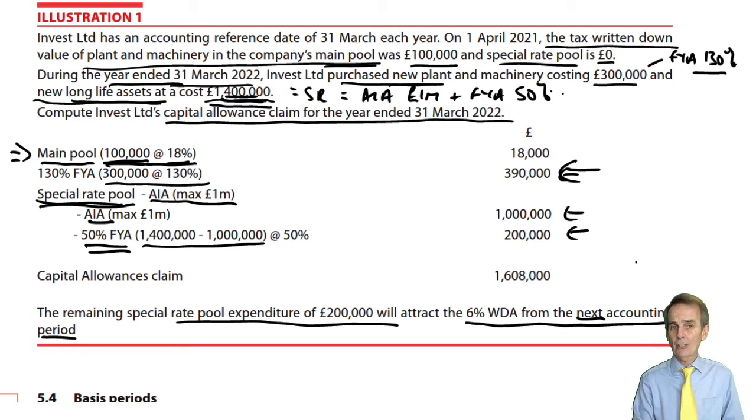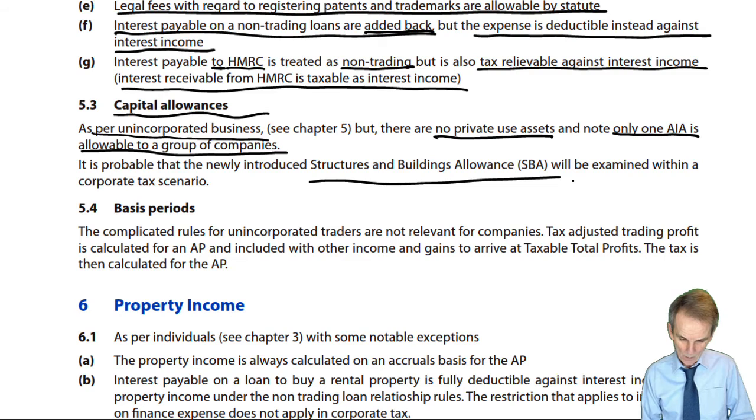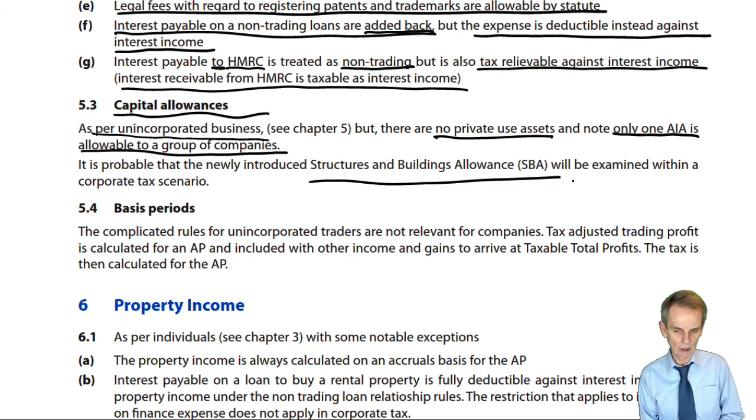And now back to the older lecture where things haven't changed. Over to you. Once you've got the tax adjusted trading profit, the corporate tax, it is very easy. You simply include it within the corporate tax comp. The corporate tax computation is being prepared for the accounting period. The accounting period is usually the same as the period of account.